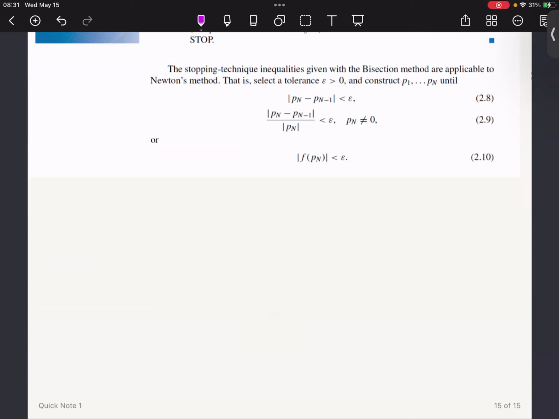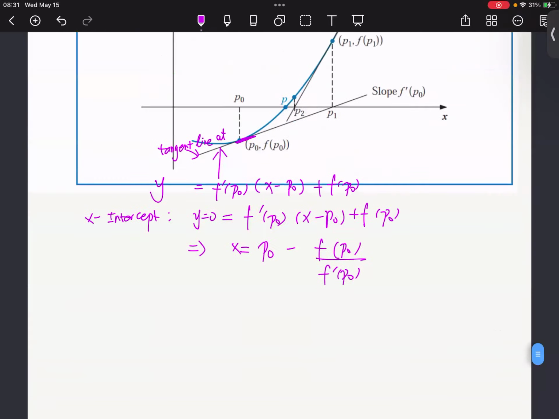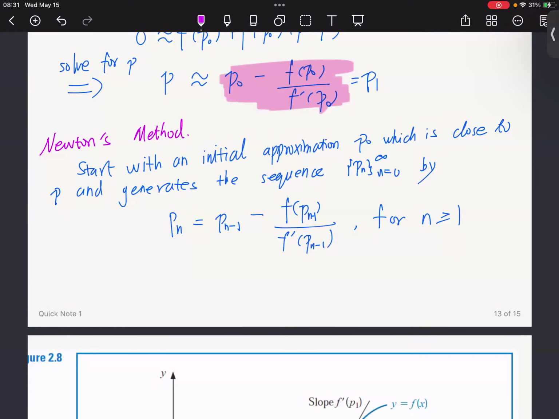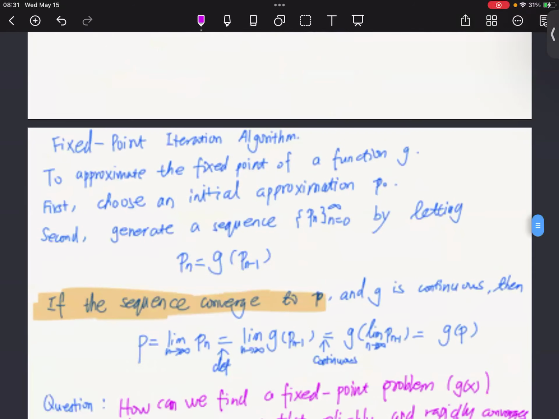Maybe I should go back to here. This Newton's method gives you a fast convergence result to get the solutions of f. And if you go back to what we have for the fixed point methods, there are some things we need to take a look at.